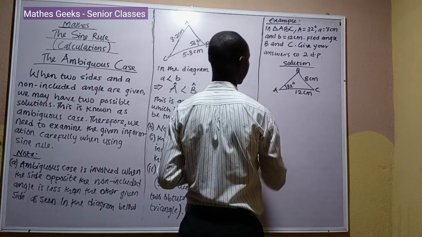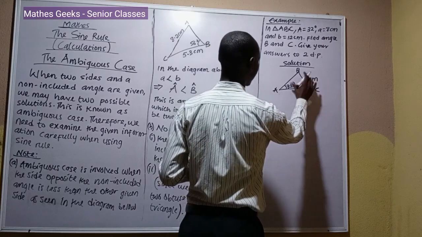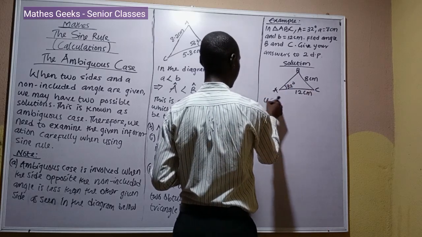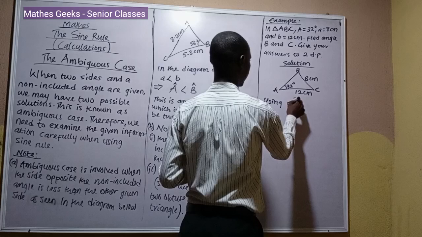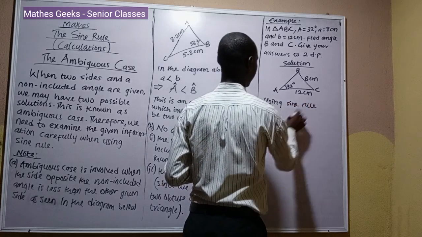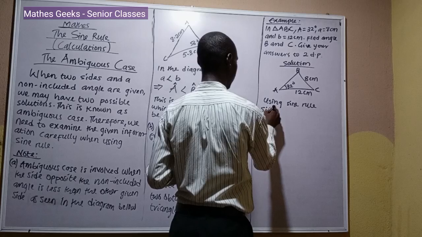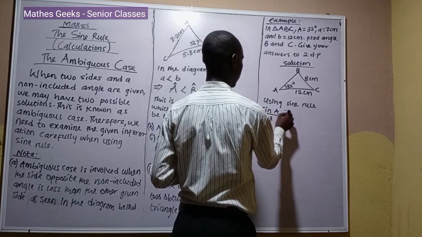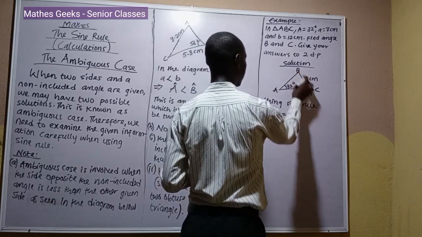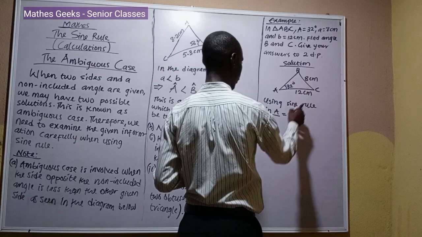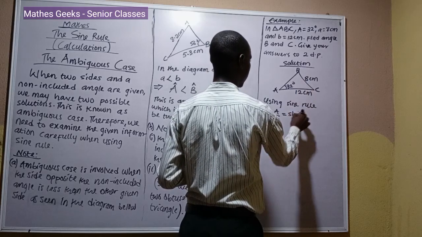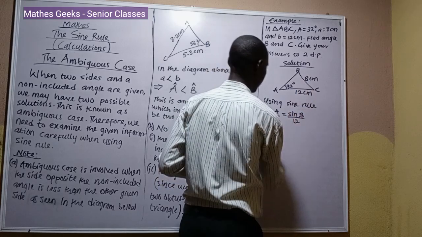Since it fulfills the sine rule, we're going to use the sine rule. So we're going to say sine A, the angle on the side that's known, over a, is equal to the side and the angle that's not known, sine B over 12.